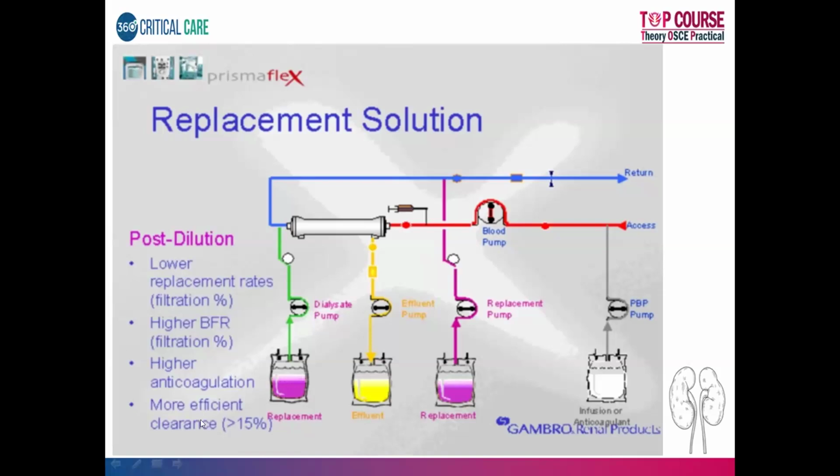But you require additionally higher anticoagulation, because here the blood in the filter will not be diluted, so the viscosity or hemoconcentration in the filter will be more. Hence, you require higher anticoagulation for post-dilution replacement fluid. But it has more efficient clearance, more than 15% increased clearance compared to pre-filter dilution. That is the advantage of post-dilution.